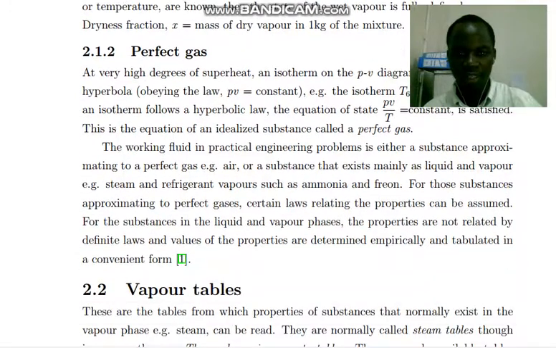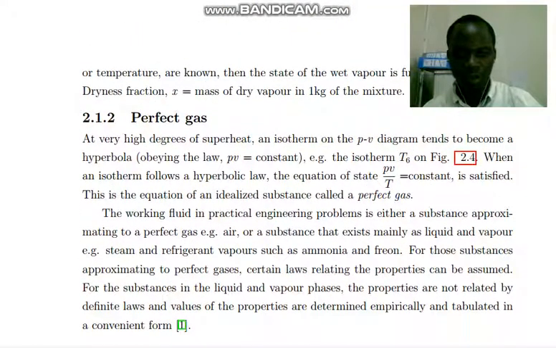So let's discuss perfect gas. At a very high degree of superheat, an isotherm on the pressure volume diagram tends to become a hyperbola, obeying the law of pressure times volume being constant.